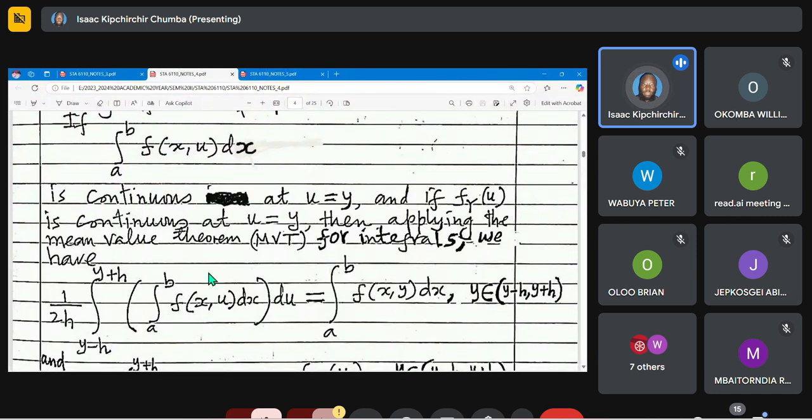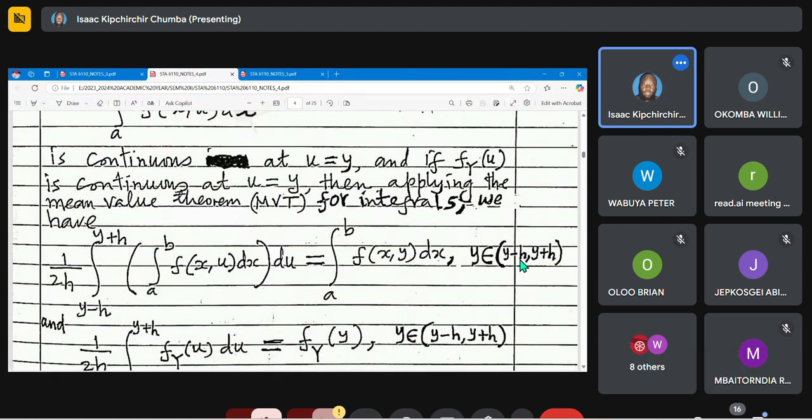So that is why we are integrating the function. This is the function in question over that interval, y minus h to y plus h, like that. And you can see the length of that interval is 2h. You divide by the length of the interval, and it will be the function evaluated at that value.